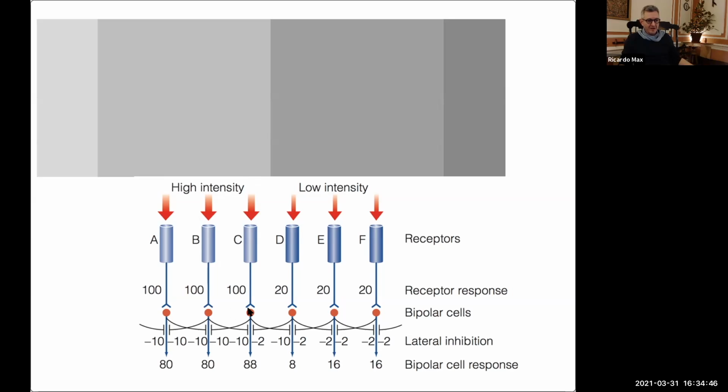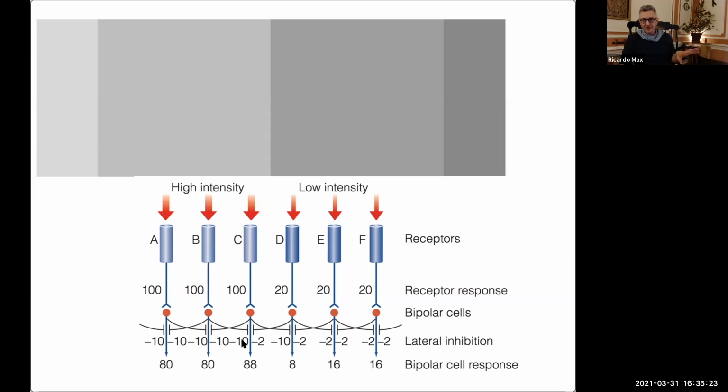So the lateral inhibition that this guy is receiving is, let's say, -10 and -10 from both sides. But this guy, while it's receiving -10 from this guy, because here less light is falling on this receptor, has less activation, so less lateral inhibition. So this guy is inhibiting this guy less than this guy is being inhibited by this and this.